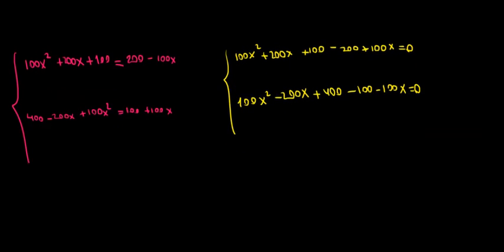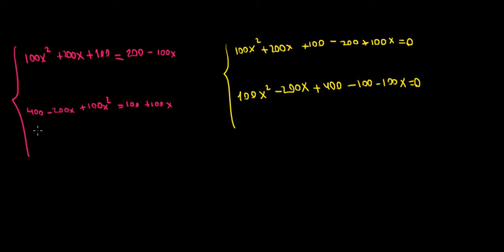Let's go here below. So we would have now from the first equation 100x^2 + 200x + 100x is plus 300x, and then plus 100 minus 200 is minus 100 equals 0. And over here we have 100x^2 minus 200x minus 100x is going to be minus, am I missing something? Just a second.